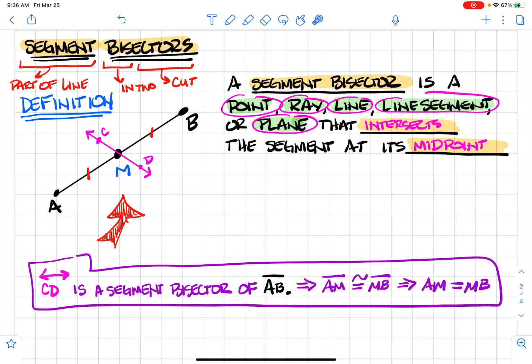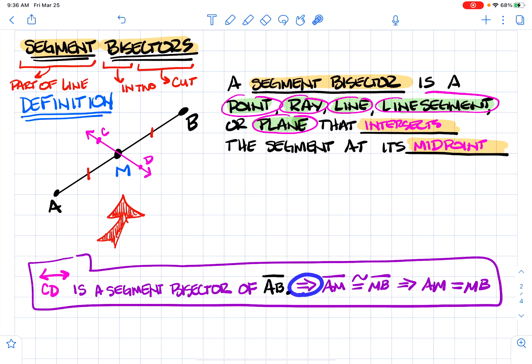So in this example over here, I have segment AB, okay? And M is the midpoint. And I have a line CD that is cutting AB into 2. It's intersecting the segment at the midpoint. So here we go, line CD. Remember, line is one of them, right? Line CD is a segment bisector of segment AB.